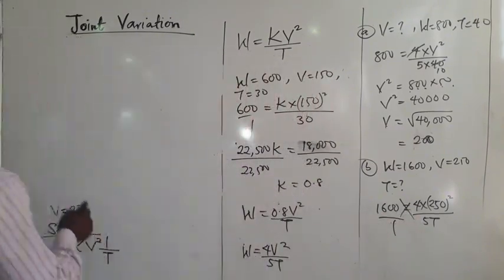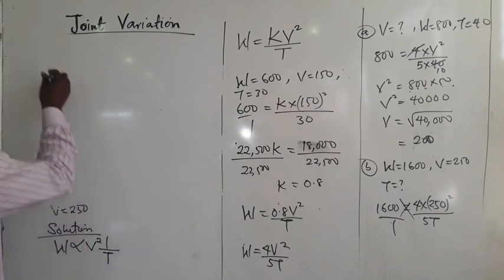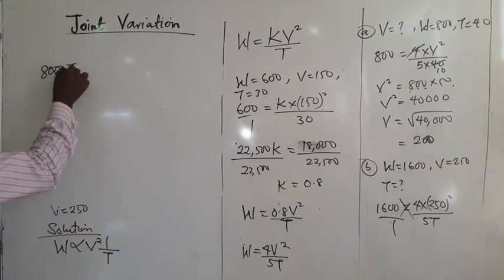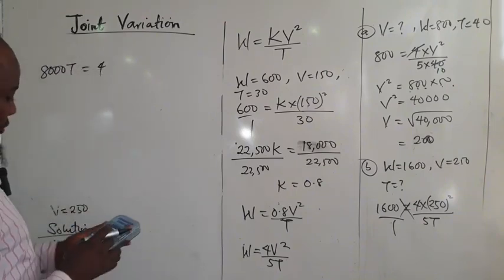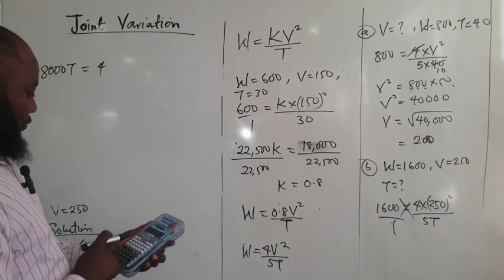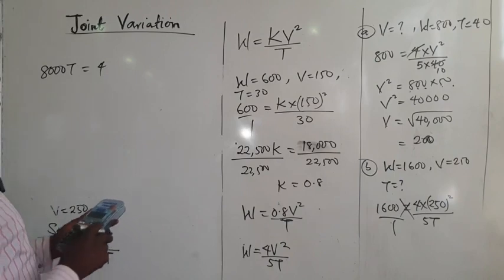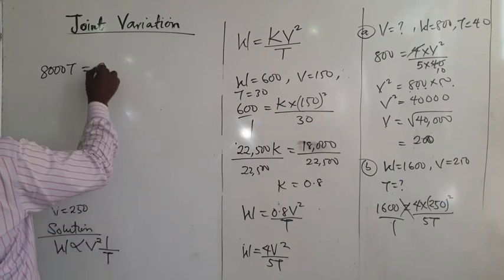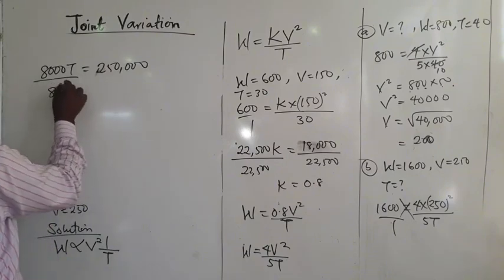So that will give us 1,600 times 5. 1,600 multiplied by 5 gives us 8,000 T. 8,000 T equals 4 multiplied by 250 squared. 250 squared times 4 gives us 250,000. 250,000. Divide both sides by 8,000.